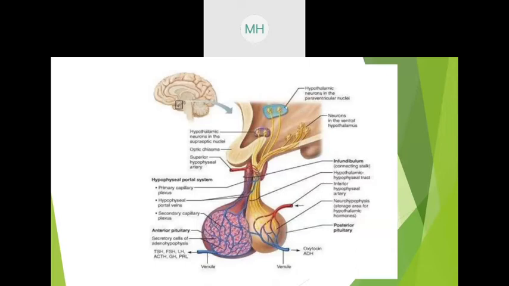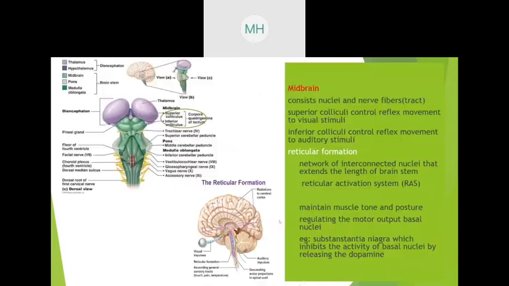So the hormone was produced in the hypothalamus, then transported and stored at the nerve terminal in the posterior pituitary. Examples are vasopressin (ADH) and oxytocin. Next is the midbrain. The midbrain consists of nuclei and nerve fibers.